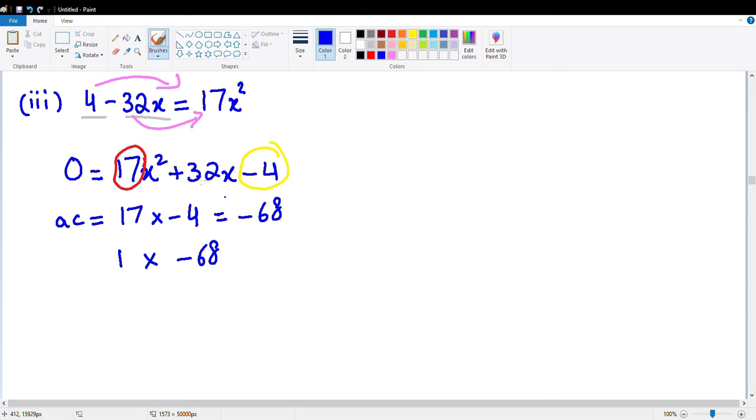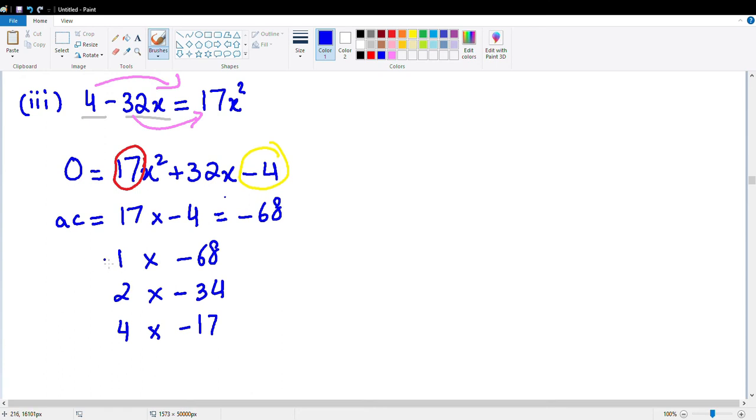But over here you can see that we need positive 32, the sum of the factors. So I think that the smaller one will be negative and the bigger one is supposed to be positive. Anyway, the next factor can be 2 into minus 34, and then we have 4 into minus 17.